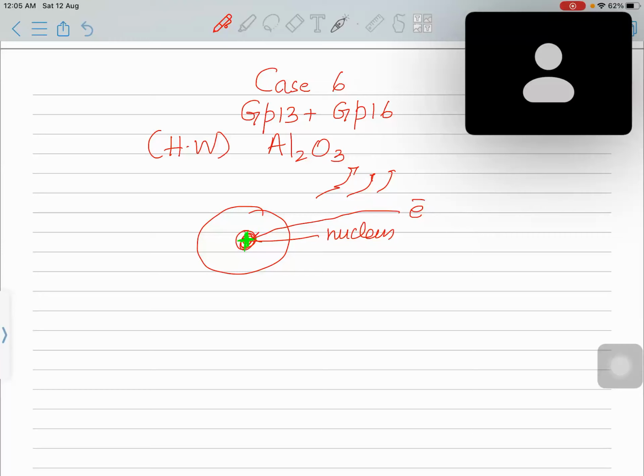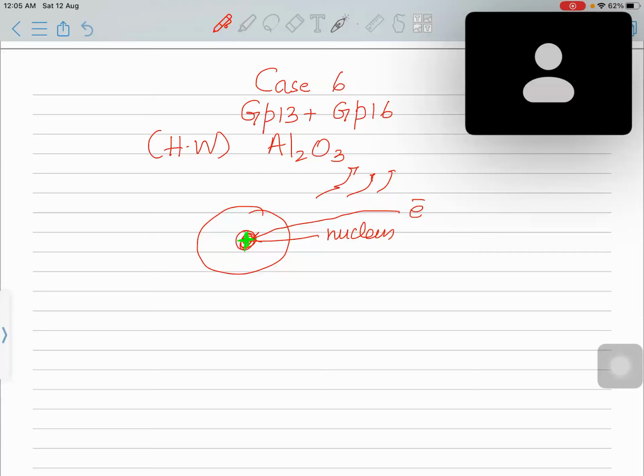Due to the magnetic field, their repulsion is cancelled out. But mainly you can see that the nucleus has 16 protons. So 16 protons attract one electron. This attraction is enough to release the energy.